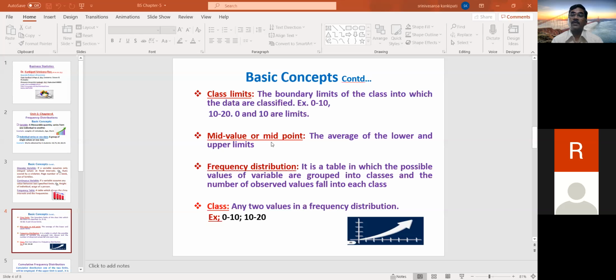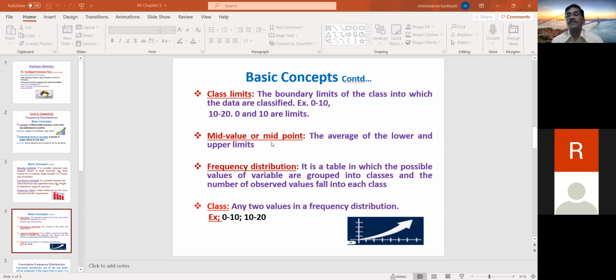That is the data. Now what you have to do, you prepare the classes by taking the minimum number in the data and the maximum number of the data. On the basis of that, you need to create the classes.